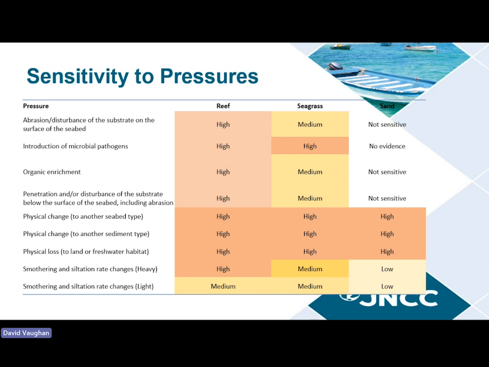So it's not a uniform situation, even with the three habitats. We have not differentiated within the habitats in terms of different types. There are different types of reef, different areas of seagrass density and so on. We are just looking at the primary classes. But this was a recap from yesterday.